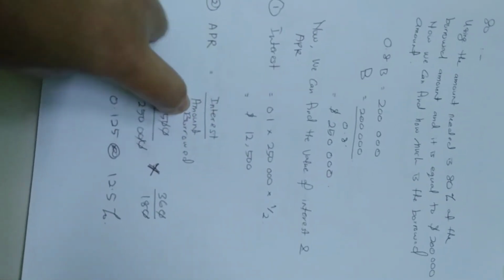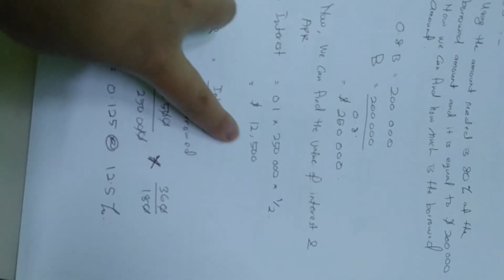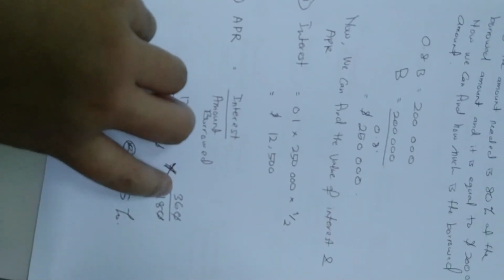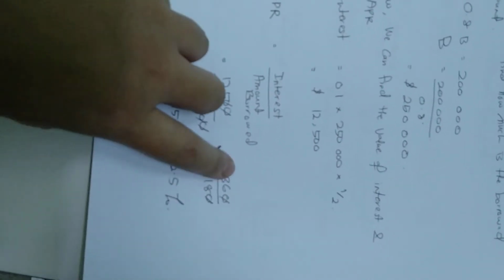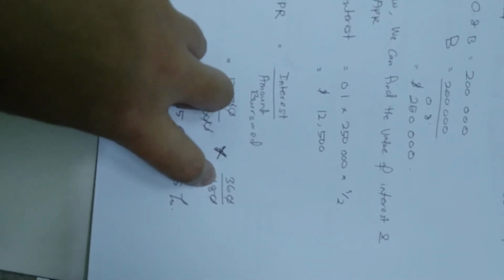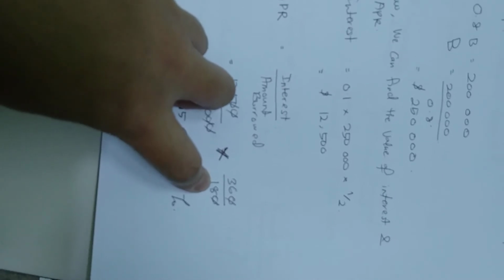So now you can proceed with finding the APR. The APR is interest divided by amount borrowed. You know the interest is 12,500, divided by the amount borrowed, which is 250,000, and you just multiply by 360 divided by 180. You can also use 2 divided by 1, because 360 divided by 180 is equal to 2.